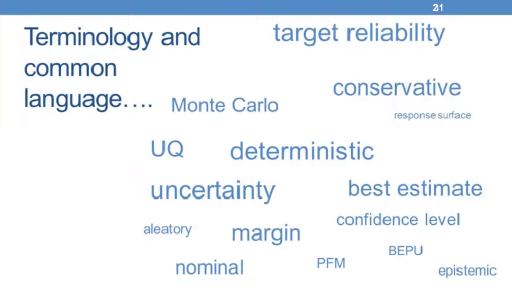This is clearly exemplified by the term deterministic, which I pointed out right at the start, has lost its meaning to become synonymous with using worst case and bounding values at all opportunities. So in the document we include a discussion, almost like a glossary of what these terms actually mean.